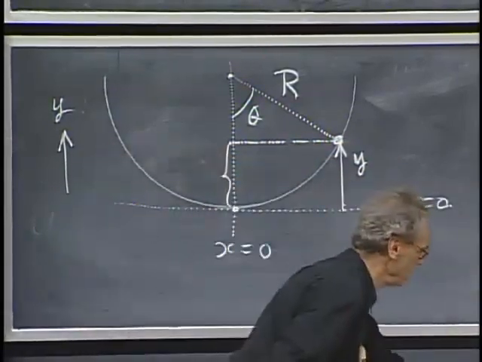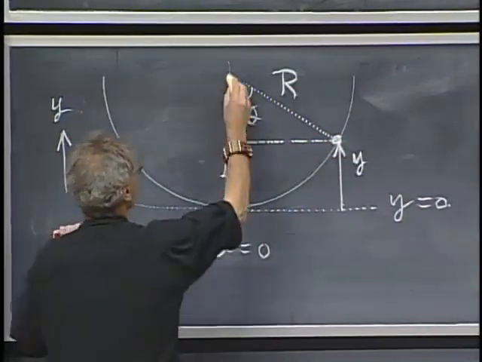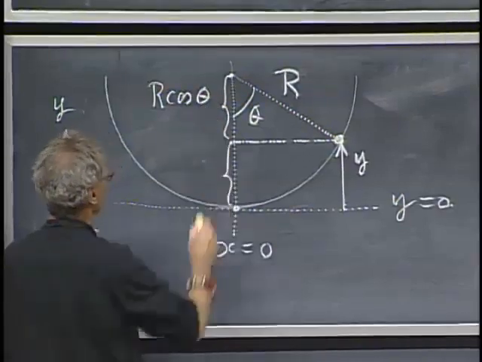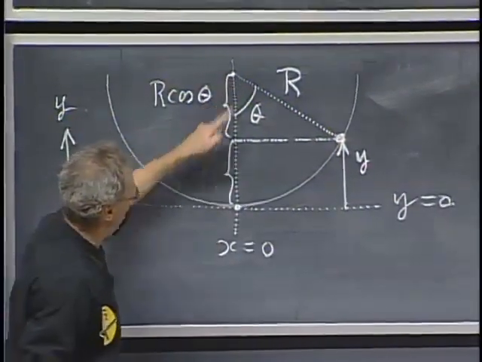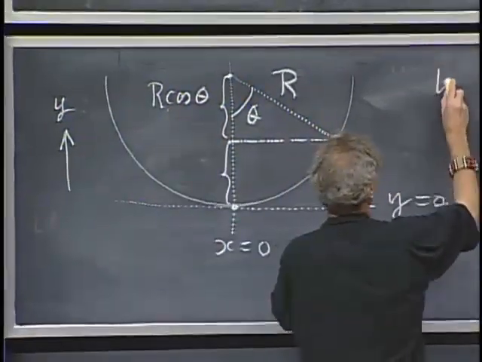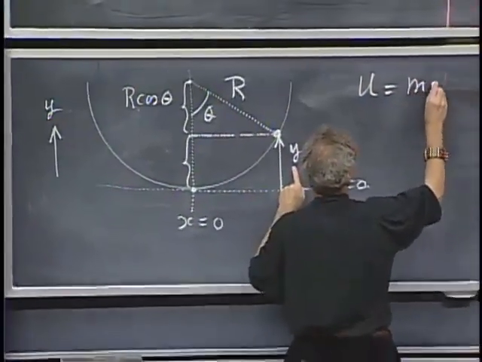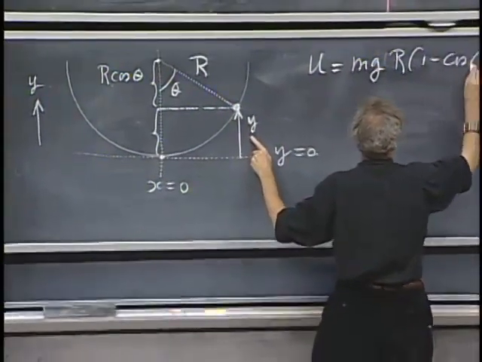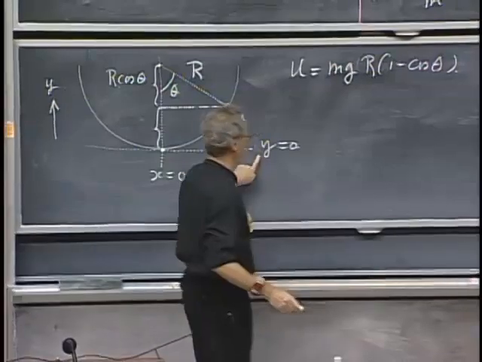That's very easy. This one here equals r cosine theta, and so this one is r minus r cosine theta. So the potential energy equals mg times r times 1 minus cosine theta, if I choose 0 there.